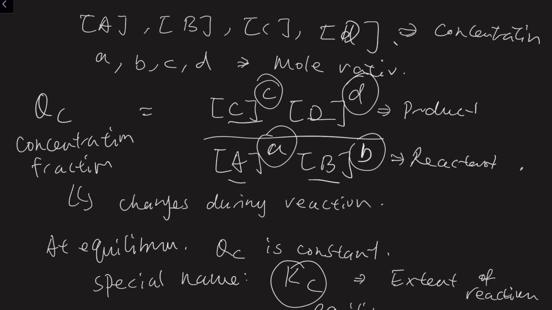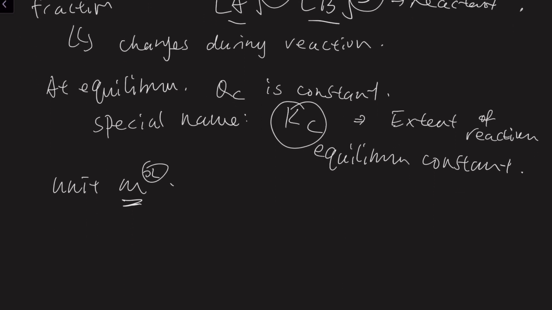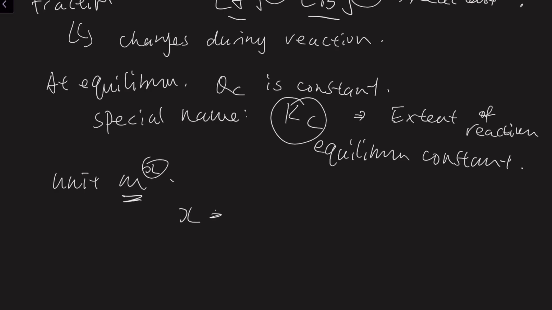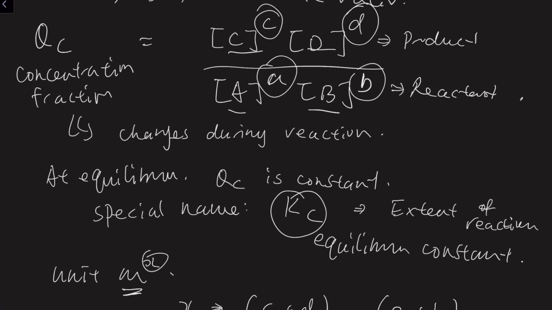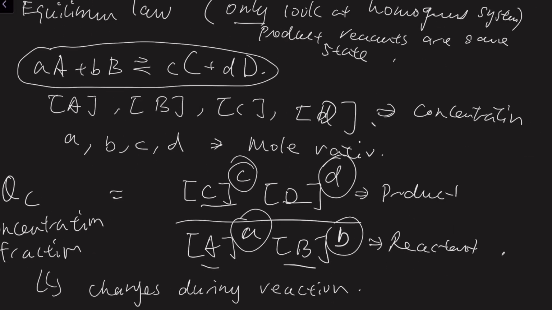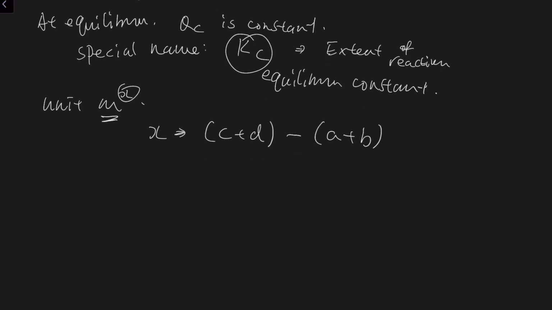If you use this hypothetical chemical reaction, the exponent is calculated as follows: c plus d minus a plus b. So essentially it's the coefficient of the product side minus the coefficient of the reactant side that gives you the exponent of the unit of equilibrium constant. We will use a concrete example later.